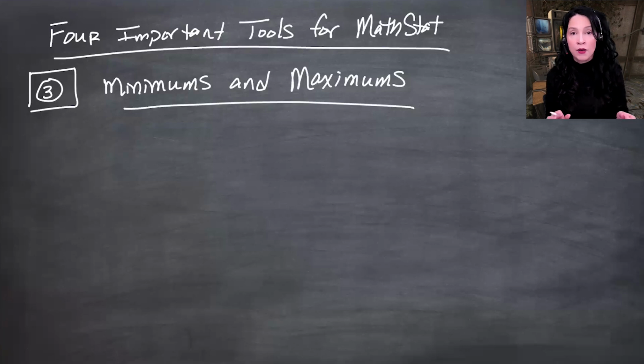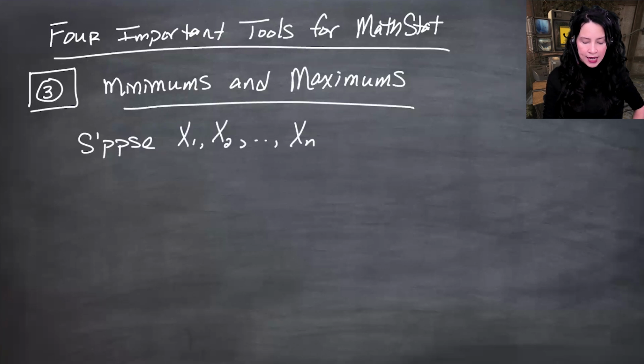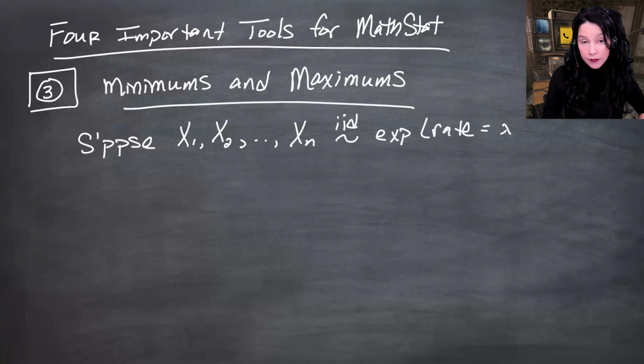That's the same thing as saying random sample. So suppose, just as a setup here, x1, x2 out through xn has the distribution, and then I'm going to put an IID over it. I guess I'm going to start kind of generic. The example I want to use is exponential with rate lambda, say.